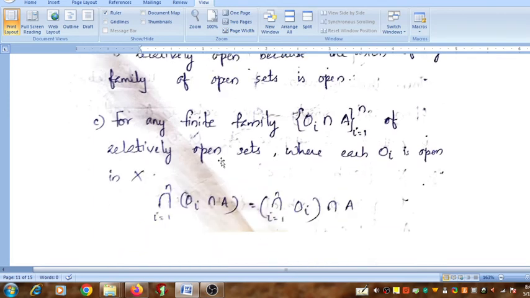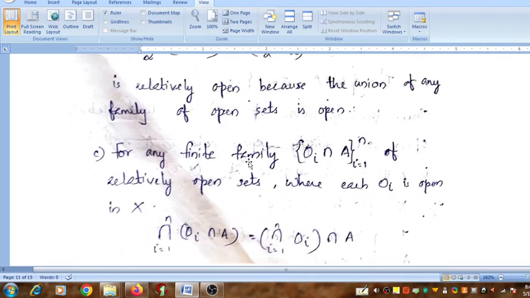Next, we have to show that the intersection of any finite family of members of tau prime is again a member of tau prime.